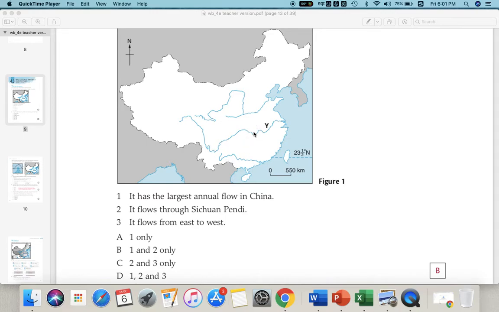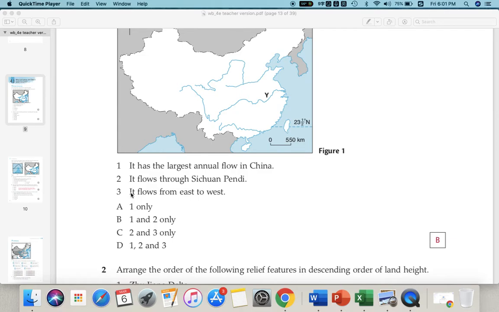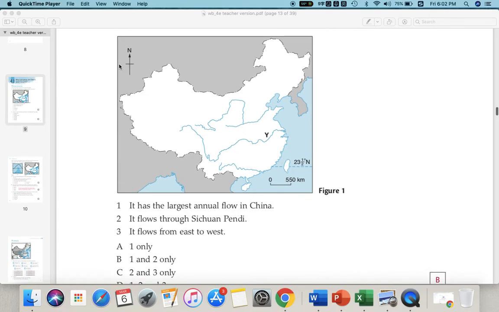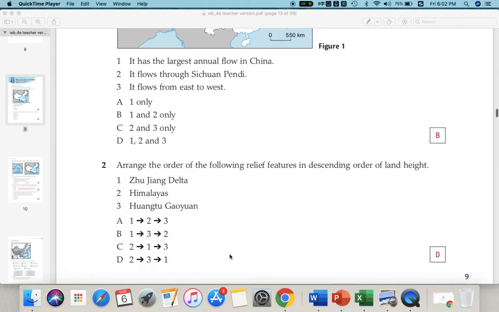So it's somewhere here. So it's right. And number three is not correct, because it actually flows from the west all the way down to the east. So number three is not correct because it's the opposite way, right? So the answer should be B, 1 and 2 only.